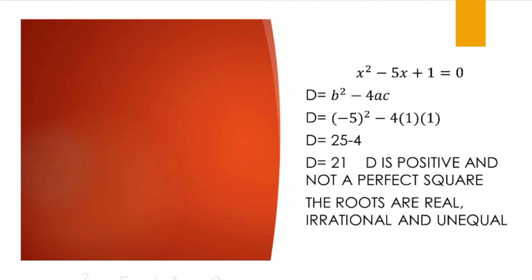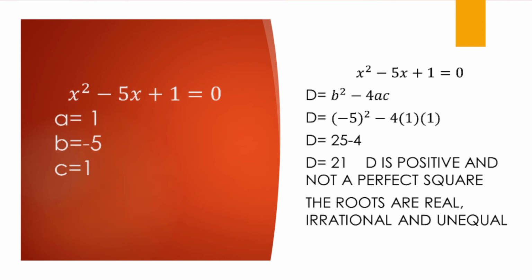Next example is x squared minus 5x plus 1 equals 0. So, the value of A is 1. B is negative 5 and C is 1. Again, substitute these values to the discriminant B squared minus 4AC. B is negative 5 squared minus 4 times 1 times 1.